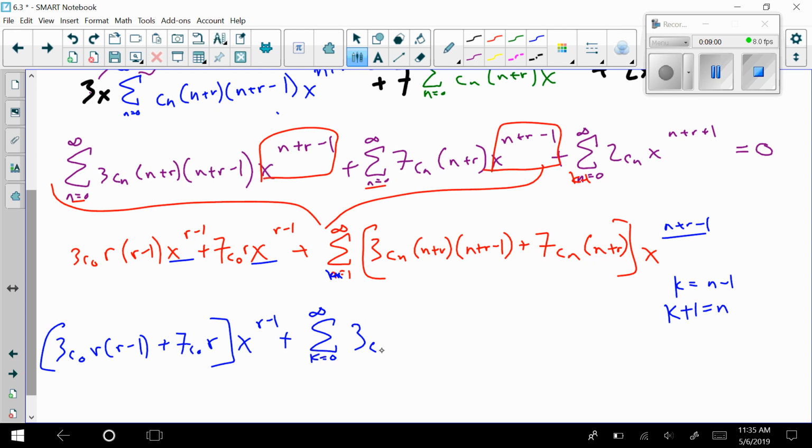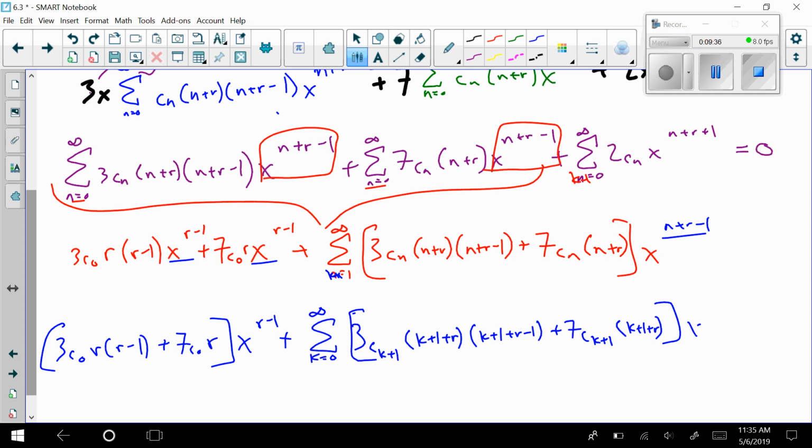This is c sub k plus 1 times my k plus 1 plus r times k plus 1 plus r minus 1 plus 7 c sub k plus 1, and then I have my k plus 1 plus r, and this is all multiplied by x to the k plus r.